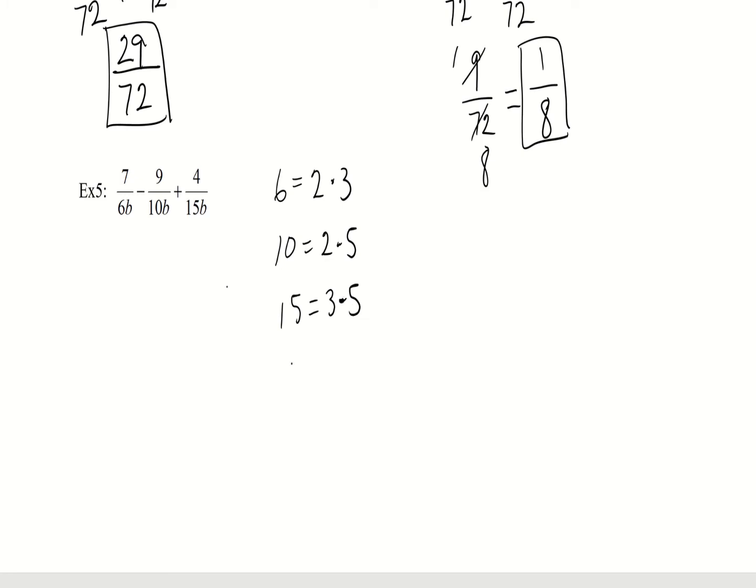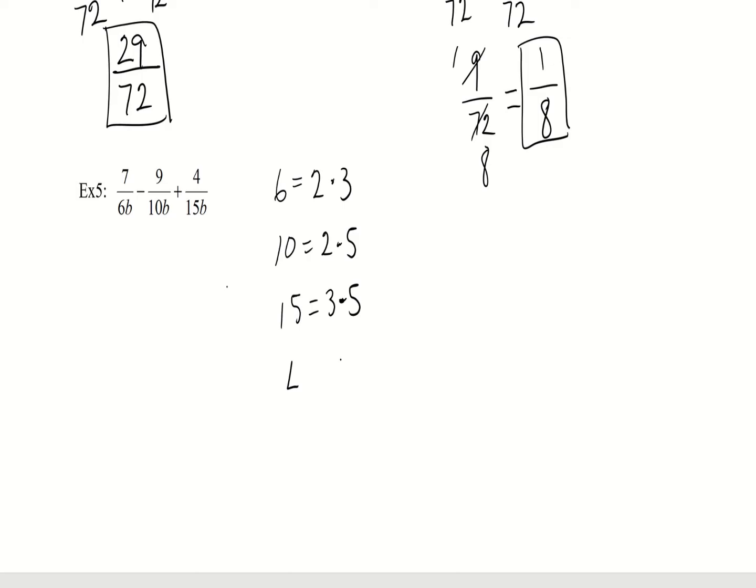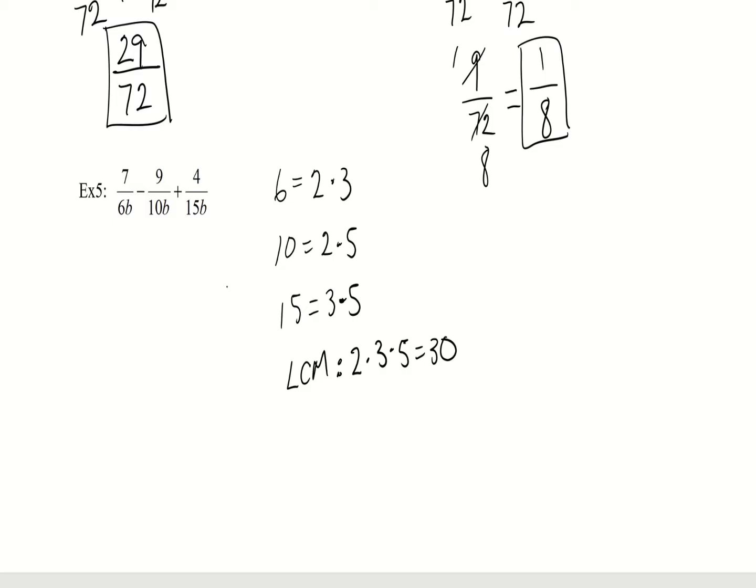So we could determine that our least common multiple, which is saying our least common denominator, will be 2 times 3 times 5, which is 30. And so therefore, our least common denominator for example 5 is going to be 30b.